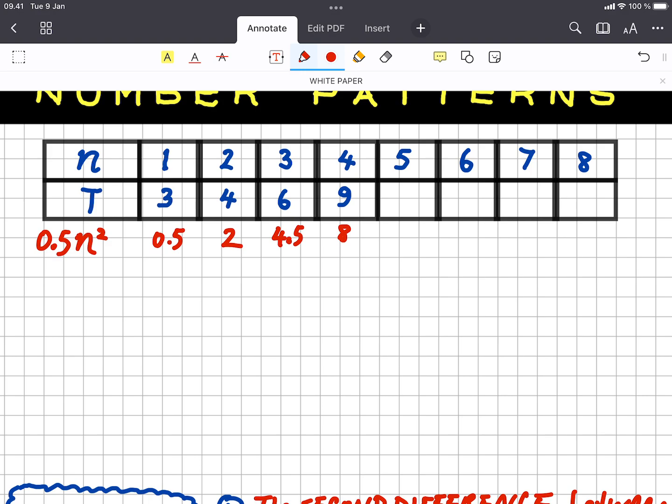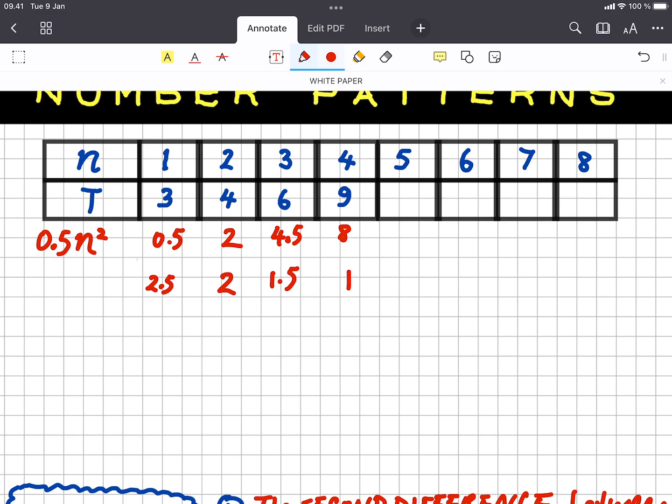So our potential rule is giving us 0.5 when we want to get a 3. So we're missing 2.5. Next one, we're getting a 2 when we want a 4. So we're missing a 2. Next one, we're getting 4.5 when we want a 6. So we're missing 1.5.